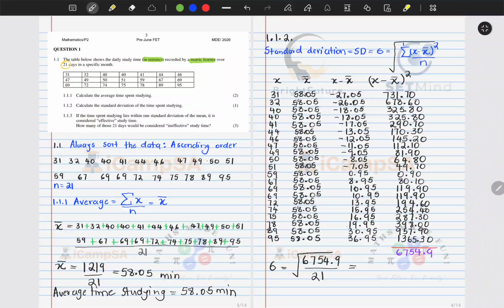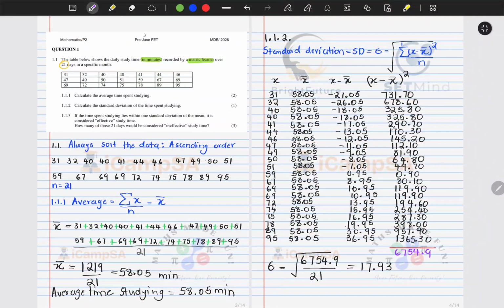Square root of the answer divided by 21, and what we end up getting is our standard deviation is something like 17.93. Okay, so here obviously there's a lot of rounding off errors. Let me just double check.